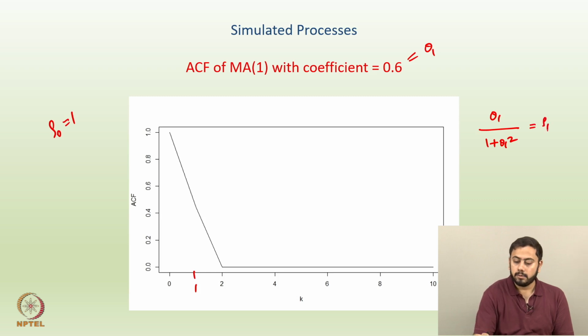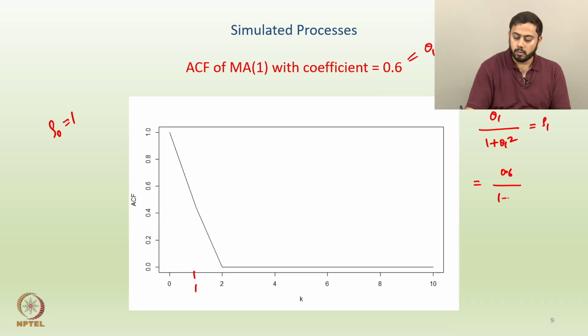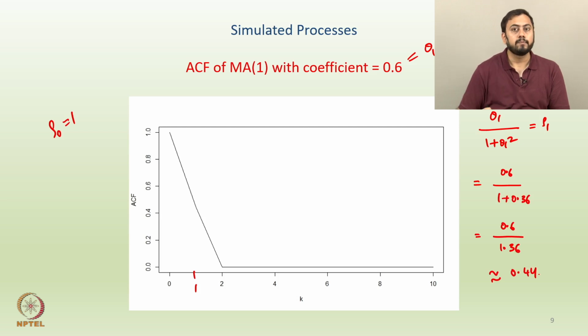In this experiment theta 1 is 0.6, so the value is 0.6 divided by 1 plus 0.36, which is 0.6 divided by 1.36, close to 0.44. And clearly we see that at lag 1 the value is 0.44.